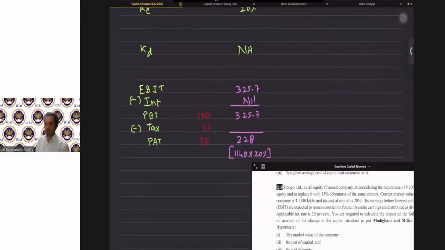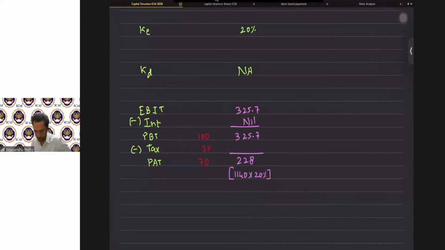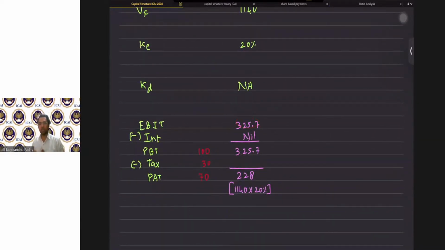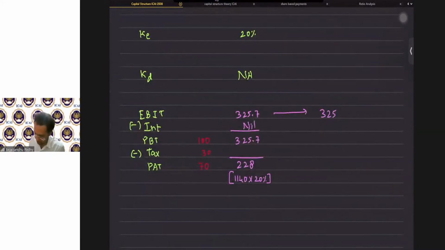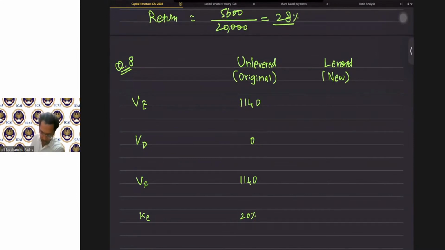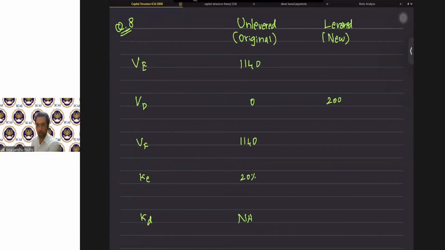And when you're going to change the capital structure, EBIT is not going to change. Your operating income is going to remain the same, 325.7. But here we are going to pay interest. So in the levered scenario, we are going to have the value of debt to be 200, right?